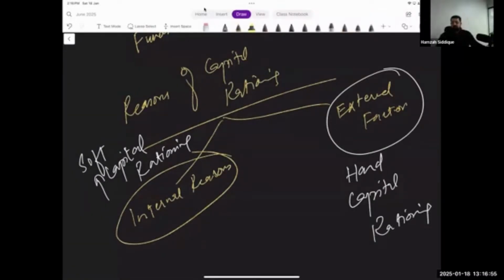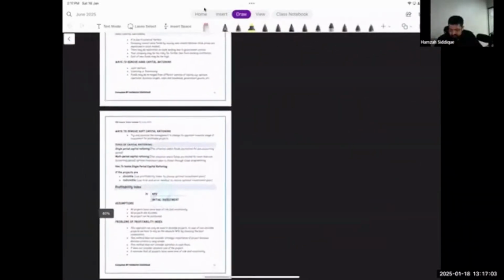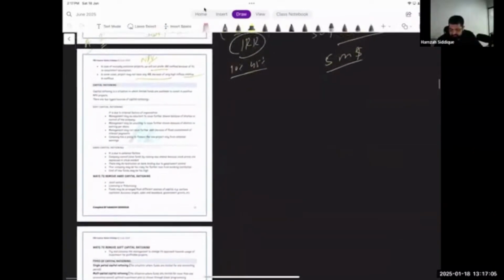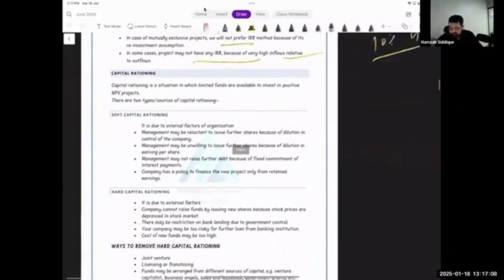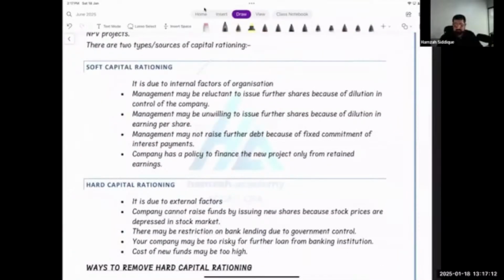Now, soft capital rationing: internal factors.